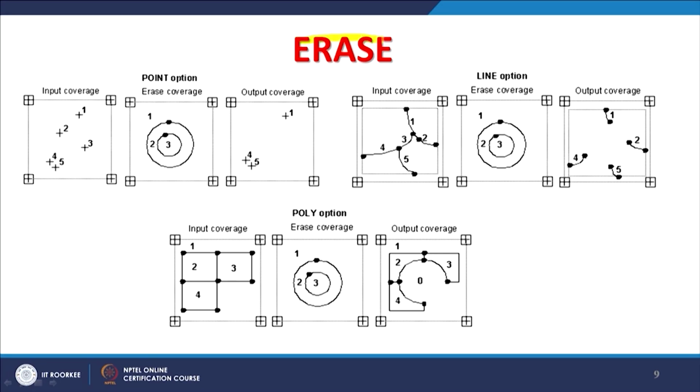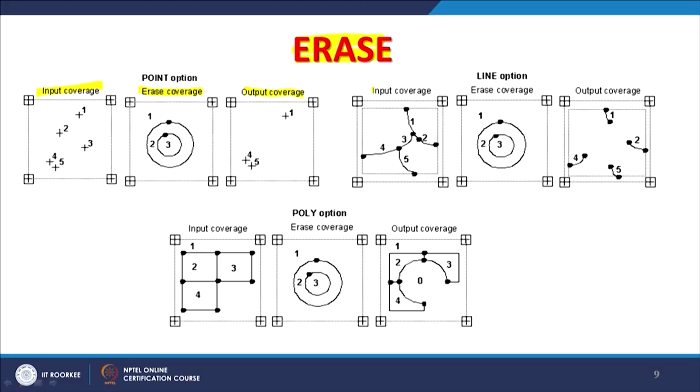Similarly, a different term used here is erase. So, basically it is excluding those areas which are common. This is my input coverage, this is the erase coverage, and this is my output. So, whatever is falling within these circles is excluded in my output.